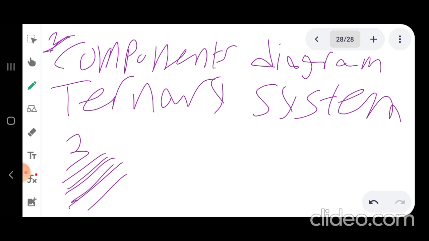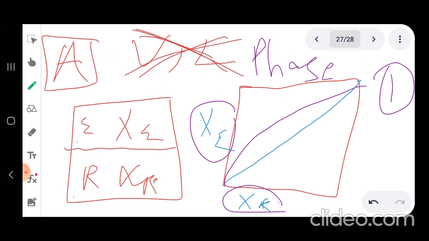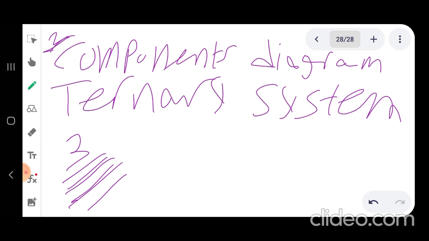We have two phases, extract and raffinate, but three components, which are A, B, and C, as we said before. A is solute, B is solvent, C is carrier. Okay, so can we draw this component diagram?